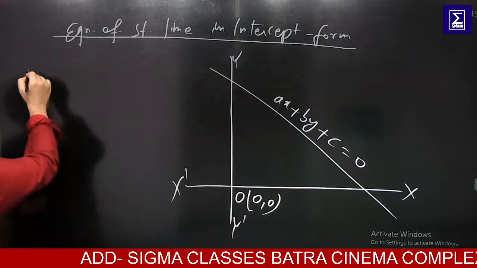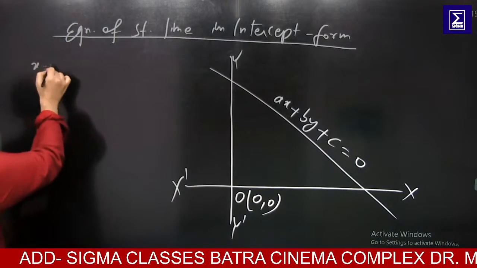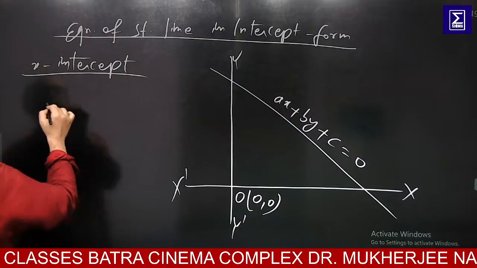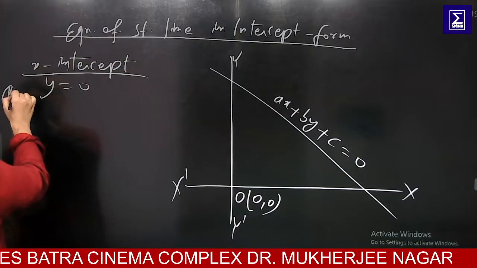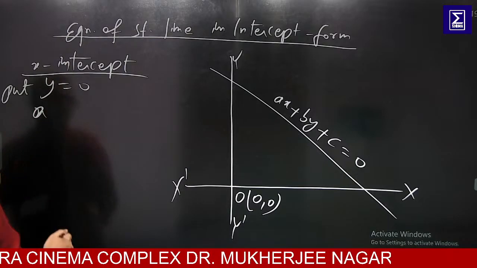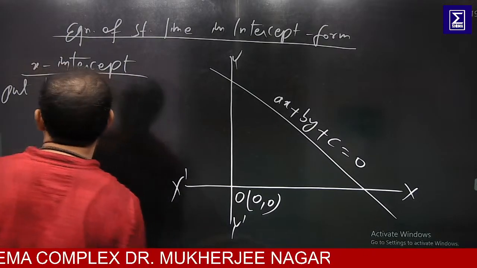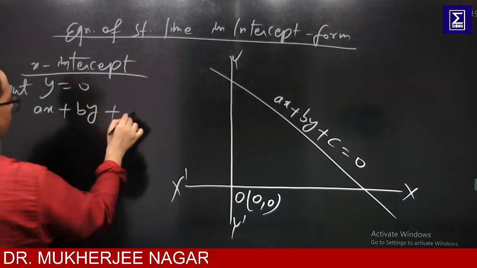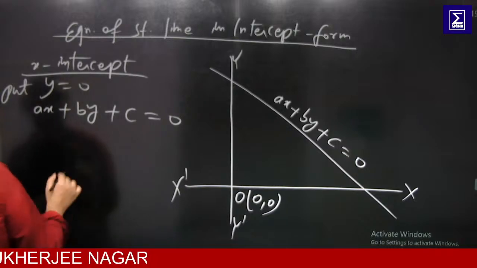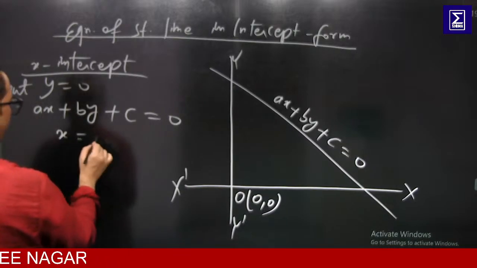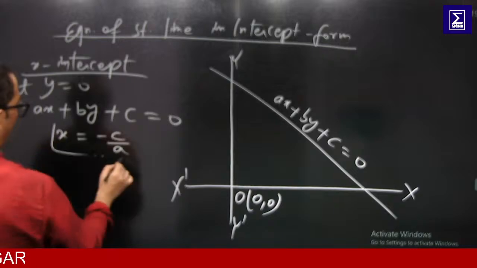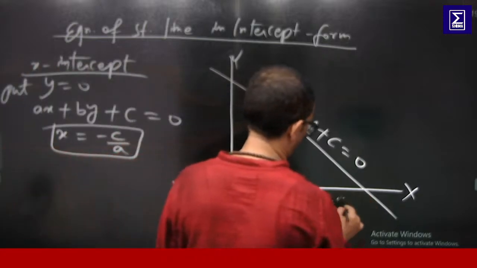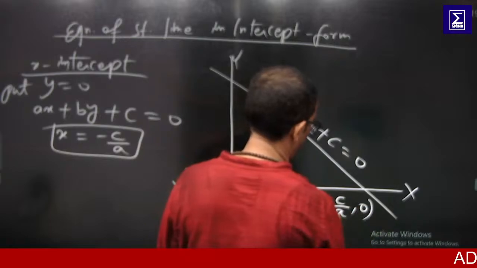So x intercept would be, put y is equal to 0. So in equation ax plus by plus c is equal to 0, if you put y is equal to 0, we will get minus c over a. So this point is nothing but minus c over a comma 0.